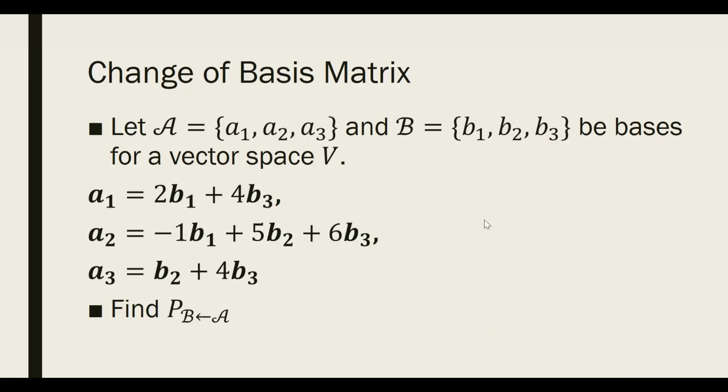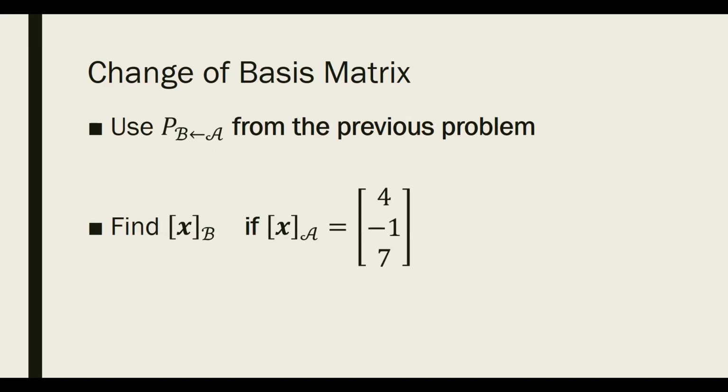All right, now once we have that, we can use it. We can take a vector and say that vector x can be written with respect to basis A as 4, negative 1, 7.